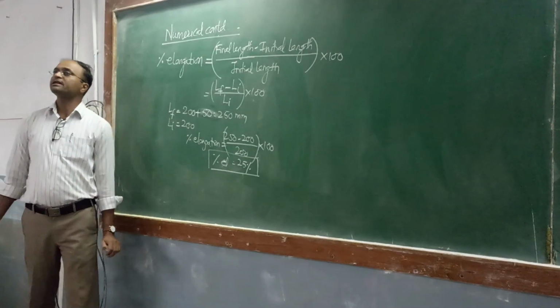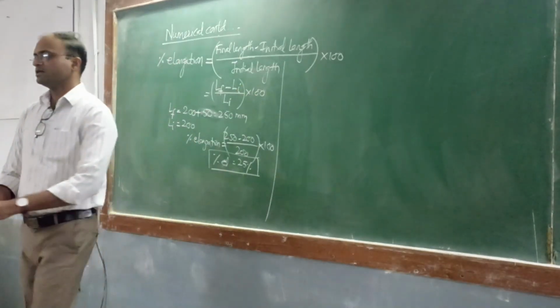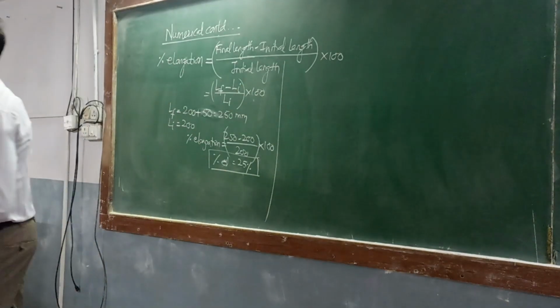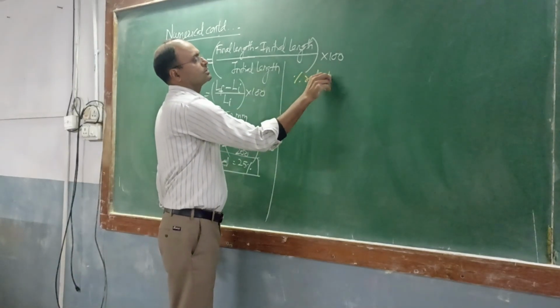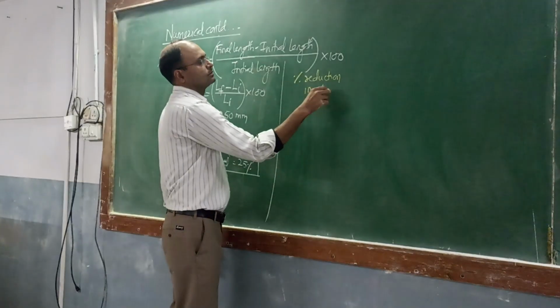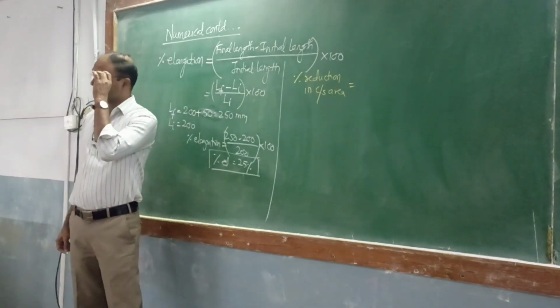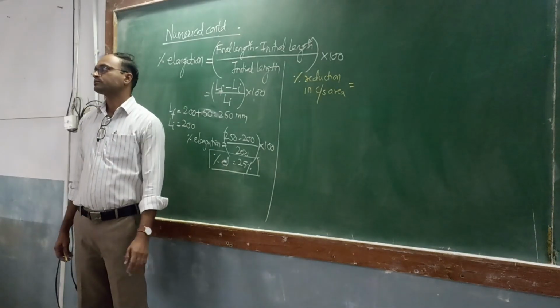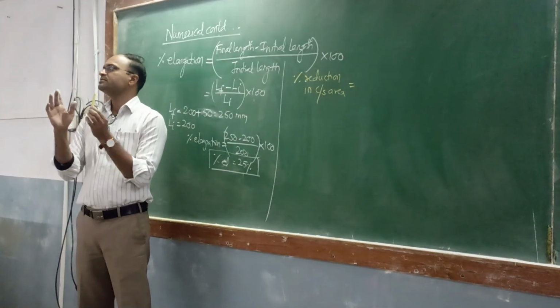Next is percentage reduction in cross-sectional area. Now, which area is minimum and which is maximum? Initially, is the area minimum or maximum?